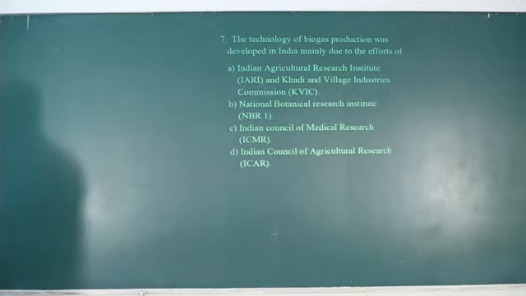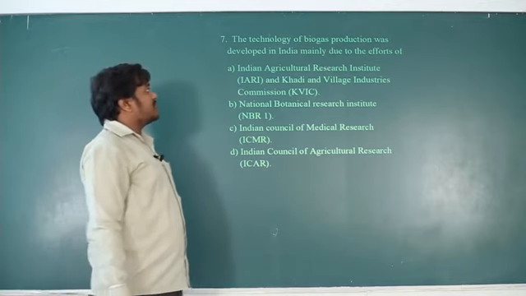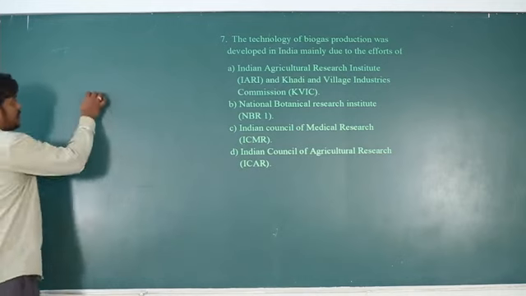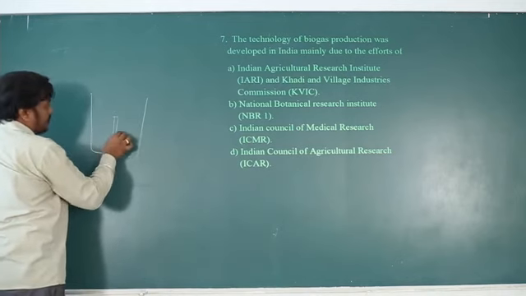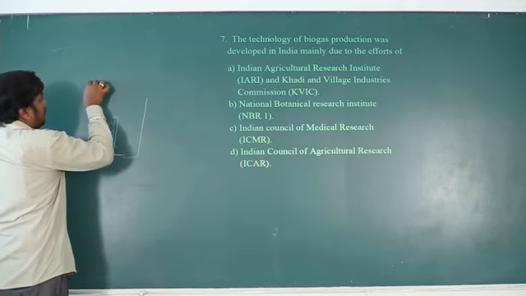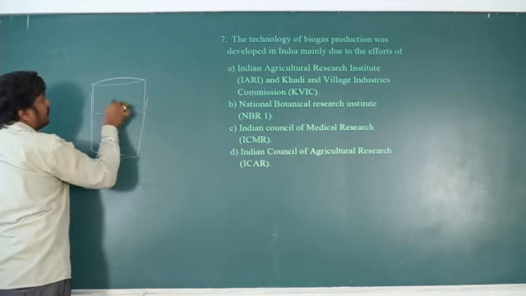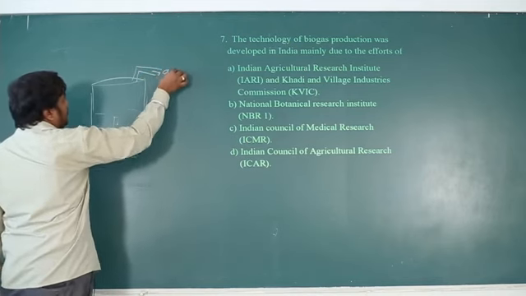Question number 7. The technology of biogas production was developed in India mainly due to the efforts of... So the biogas plant consists of a cement tank, which is actually a digester. It is completely covered with one metal tank fitted with a pipe for connection to the house. It is a gas outlet.